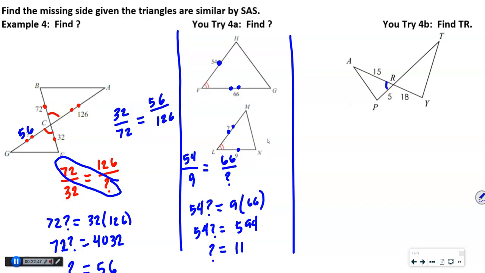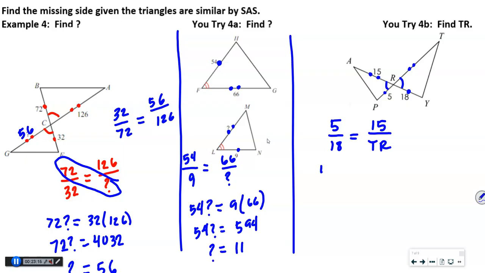Hopefully you see that these angles are congruent because they are vertical angles. So again, I see a short side and a shorter side, a longer side and a longer side here. So we're going to do 5 over 18 is equal to 15 over TR.